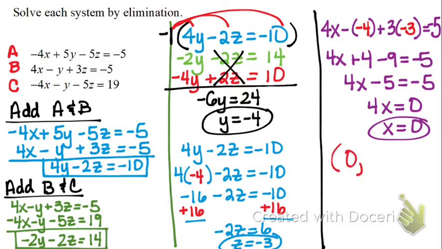X. And then what comes next in the alphabet? So we're not putting it in numerical order. We're putting it in alphabetical order. So it goes X first, then Y, then Z. So X is 0, and next is Y, which is negative 4. And then lastly is Z, which is negative 3. And this is your solution.